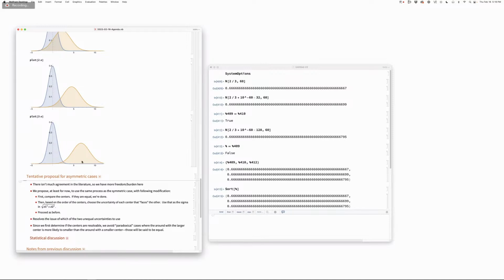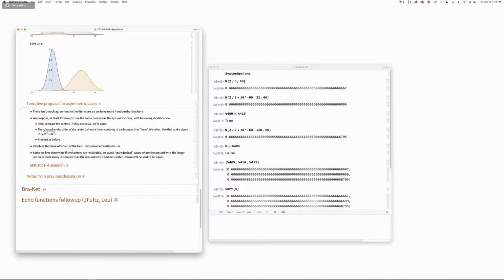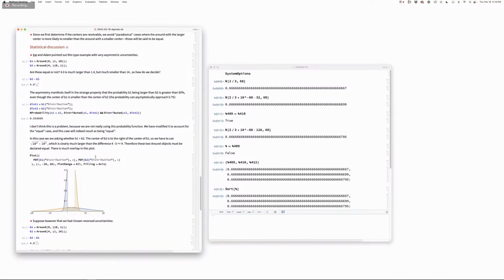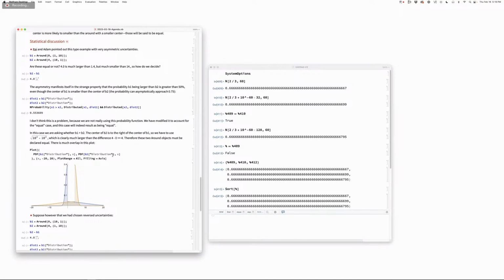So you can have a case where the center that is higher has a probability, asymptotically approaching 3/4, of being less than the lower center. There are examples in the statistical discussion section if you want to take a look. In this case, for example, we consider them equal because the overlap is large.